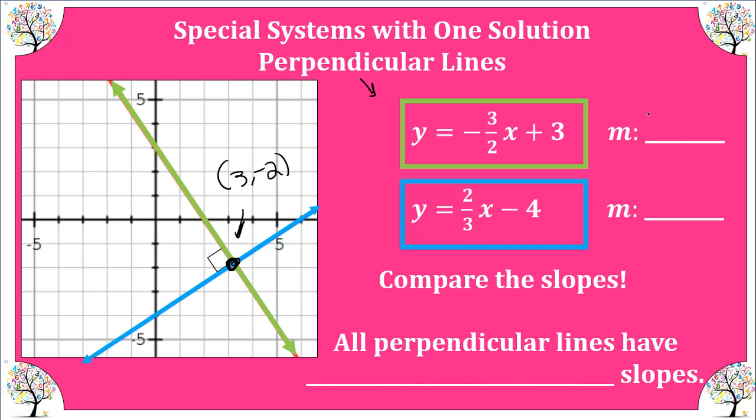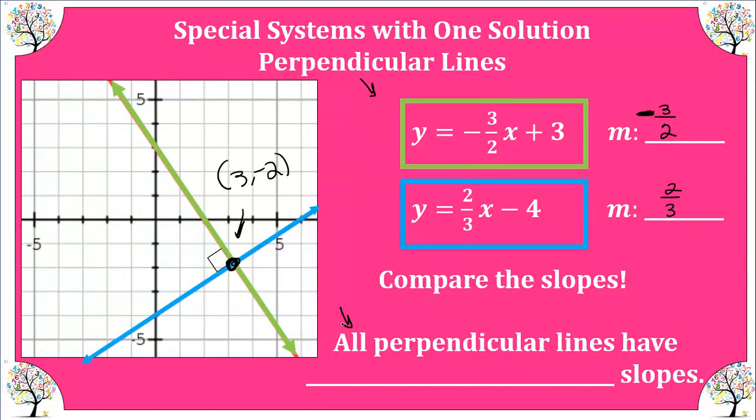Let's look at the slope. The slope for the green line is -3 over 2, and the slope of the blue line is 2 over 3. So when you have slopes that are opposite in sign, one is negative and one is positive, and they are reciprocals of each other, you create perpendicular lines.